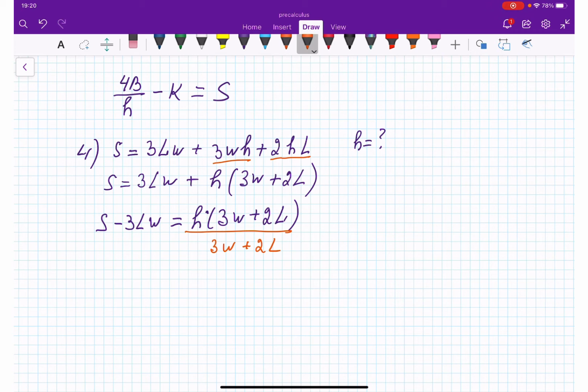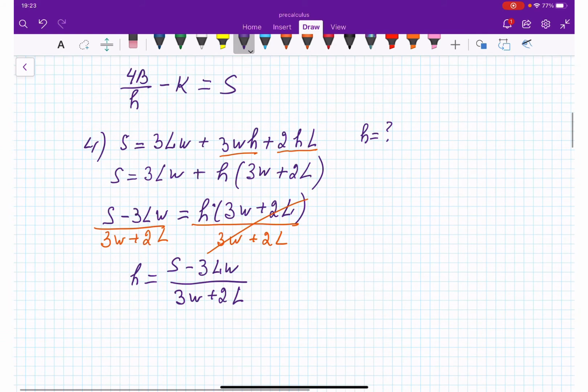If I divide, I have to divide by the whole expression, 3W plus 2L. And I'm doing the same thing here, dividing by 3W plus 2L. So 3W plus 2L cancels, and my H equals S minus 3LW over 3W plus 2L.